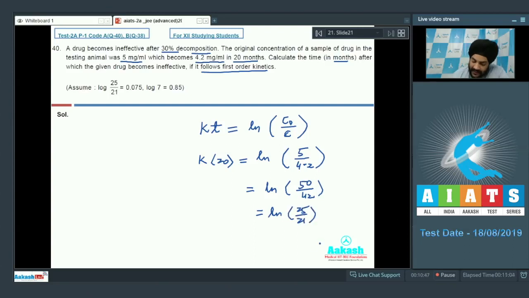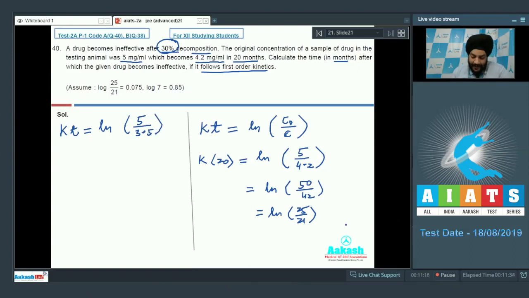So if we now talk about the time required for 30% decomposition, 30% decomposition means the final concentration of the drug has to be equal to 70% of that taken initially. So it has to become 3.5. So if you talk about the second case, we're going to have K into T is equal to ln of 5 upon 3.5.